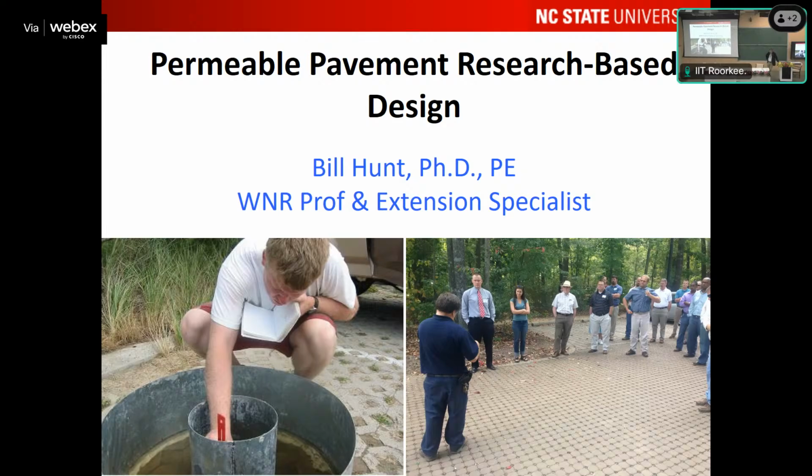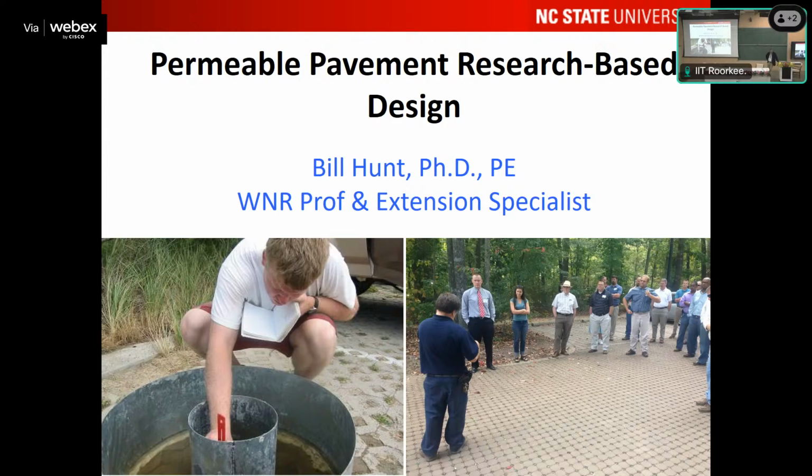And then yesterday, we spent a fair amount of time talking about what types of pollutant removal mechanisms, both hydrologic and pollutant proper, like concentration change centric removal mechanisms they have. And we spent some time on rainwater harvesting.